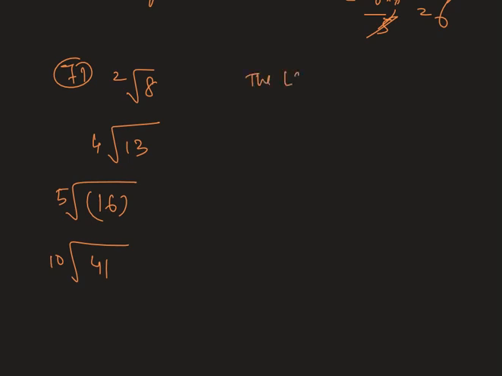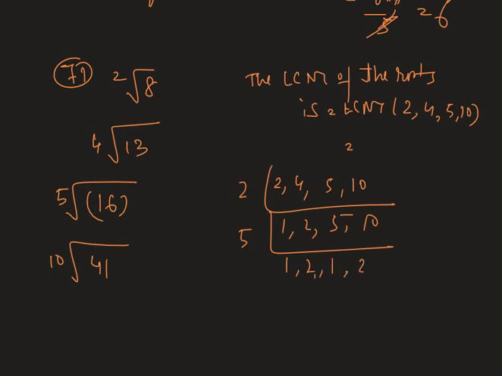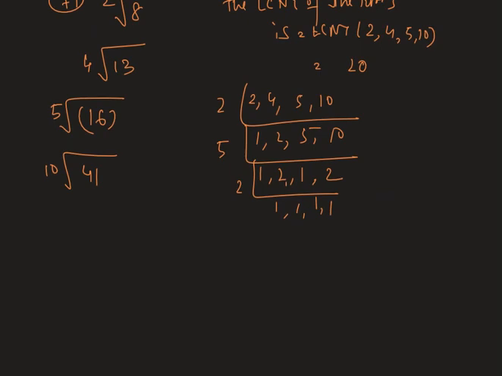The LCM of the roots, LCM of 2, 4, 5 and 10, is nothing but 20. Okay, so the LCM is 20.